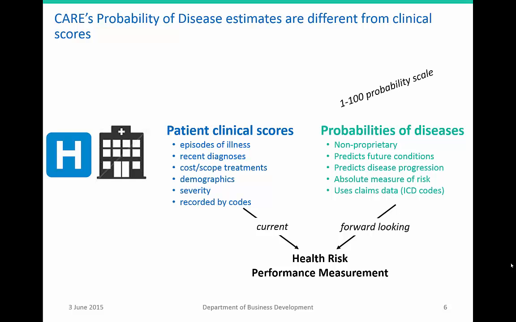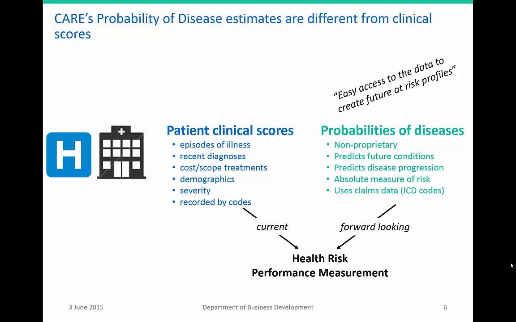And the data needed to produce these probabilities exist in the structured claims data that has been organized and managed by a handful of claims vendors for decades. This claims data, in effect, is the system of record for millions of episodes of illness histories that form the current scores today. This sets up a scenario that involves minimal effort to launch an evaluation of care results on any patient population.